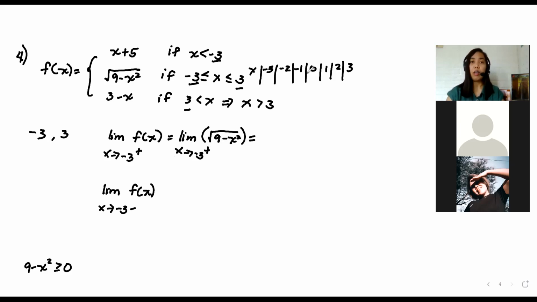Hindi siya mag-undefined. So pwede natin i-substitute. So the limit of square root of 9 minus, we'll just substitute negative 3 here. So negative 3 squared is 9. 9 minus 9, 0. Square root of 0 is 0. Okay, so the limit of f of x as x approaches negative 3 from the right is 0.